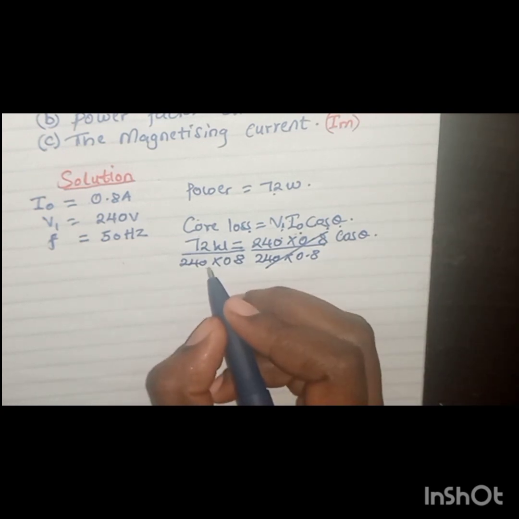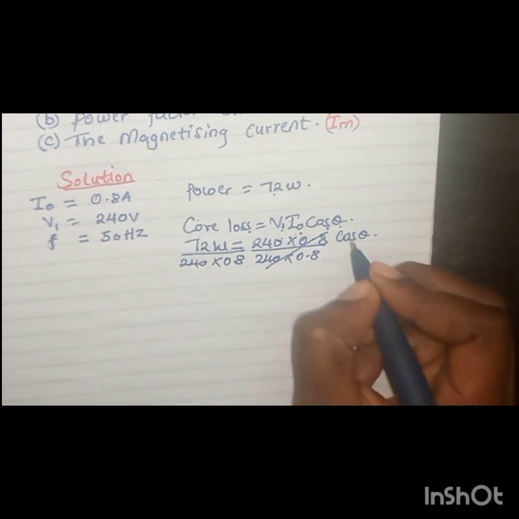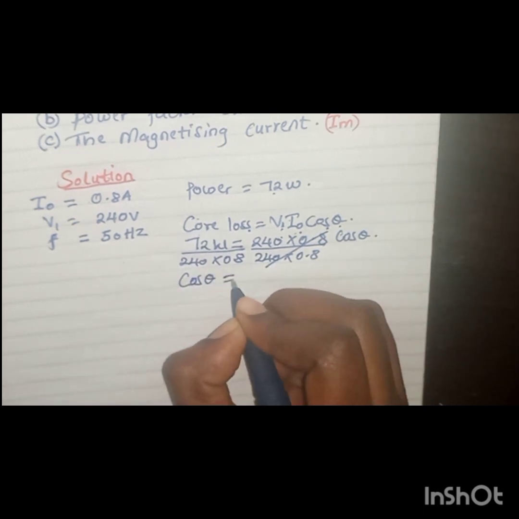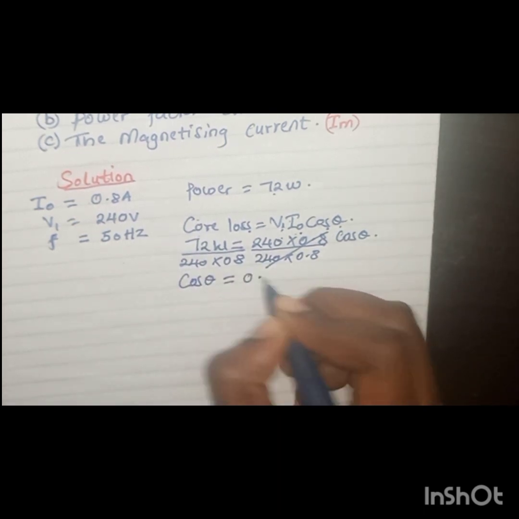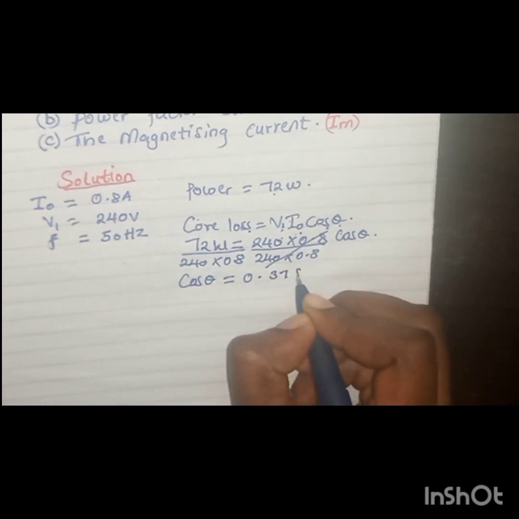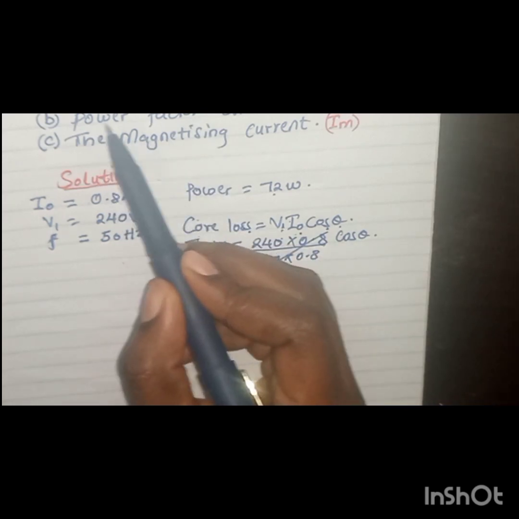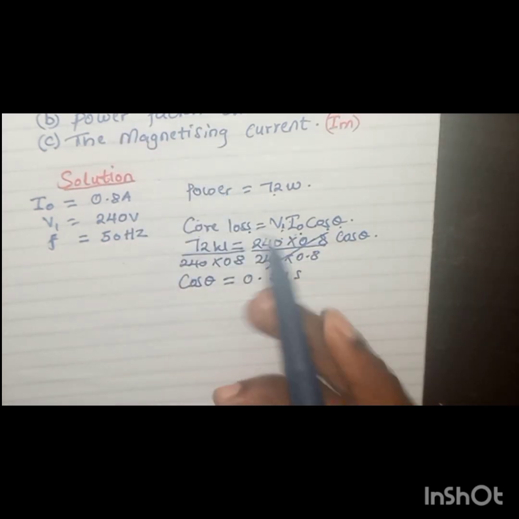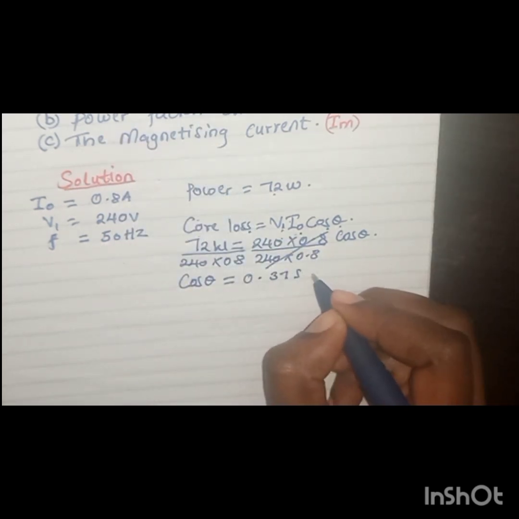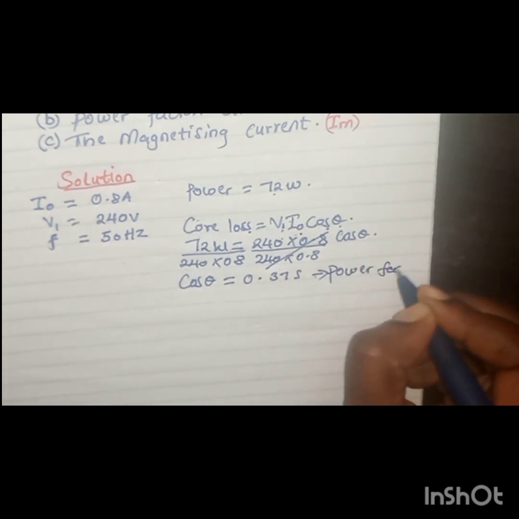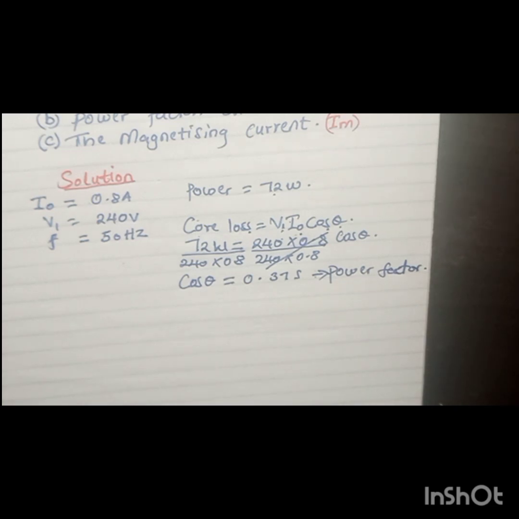Then I will have cos theta as 0.375, and of course we've seen that cos theta is our power factor. That becomes our power factor.